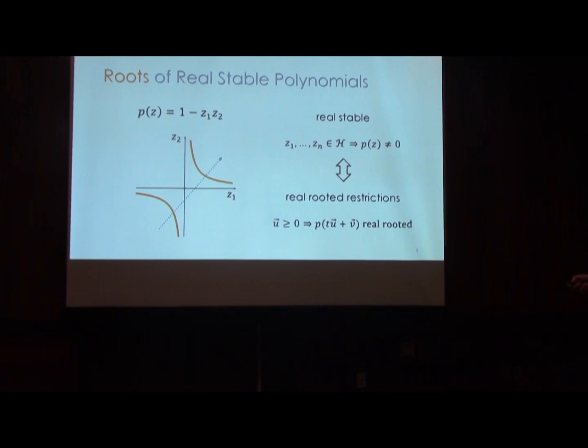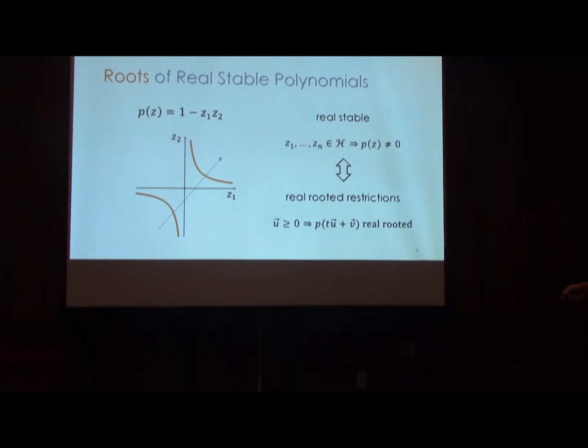I'm looking at the values of this polynomial over this line, and I'm assuming that the direction of this line is positive, so u has positive components. This is going to be a univariate polynomial, right? The equivalent definition of real stability is that this univariate restriction is real rooted for any pair of u and v.